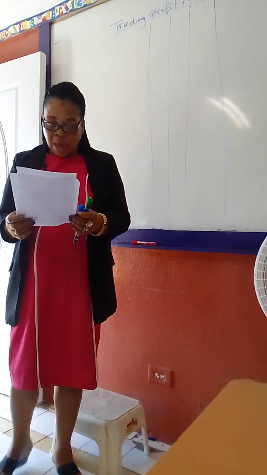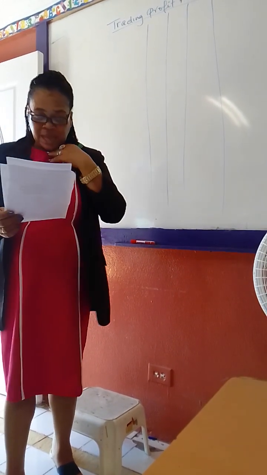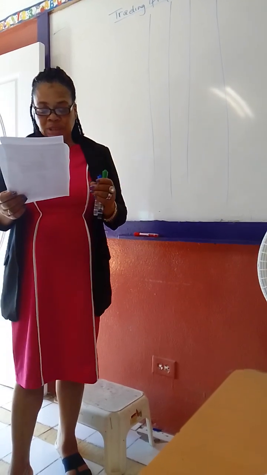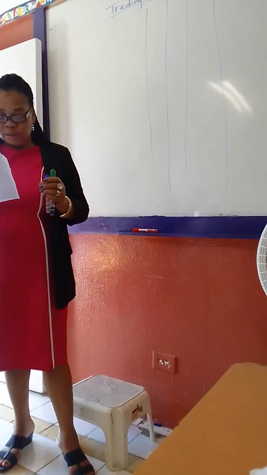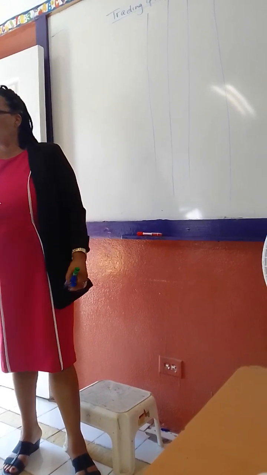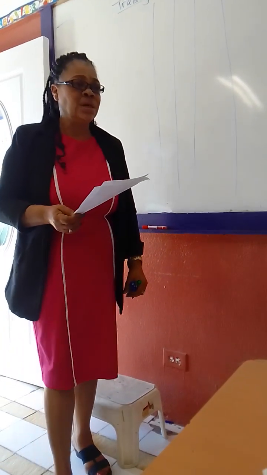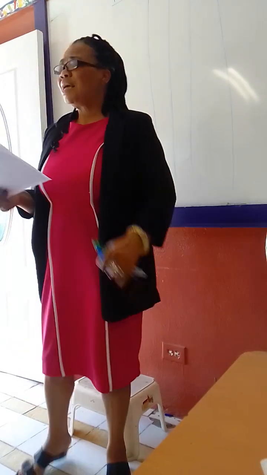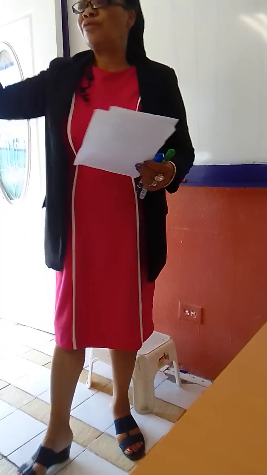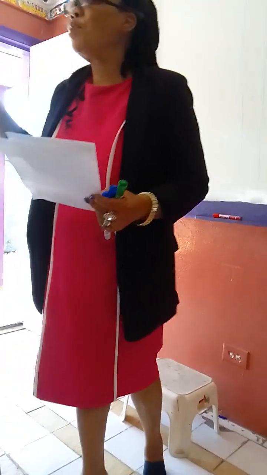Moving on. So I have purchases, I have sales, carriage outwards, and persons asking me, Miss White, what should I do with carriage outward? What is carriage outward, students? It's an expense. Carriage outward is money that I pay for persons to take stuff to other persons who purchase from us.